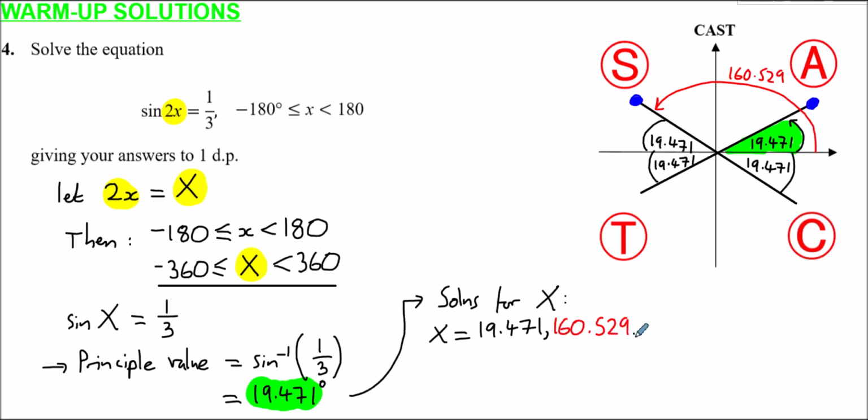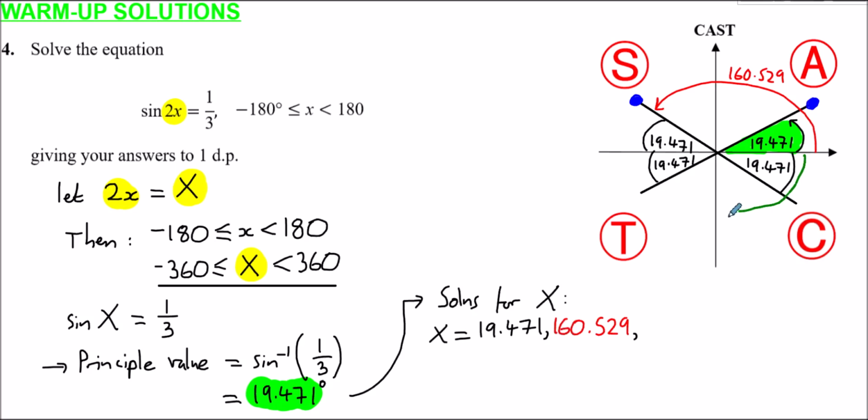We could also, though, go the other way around. So one thing we've not considered yet is there's different ways of getting to S and A. So we could also go round in the negative direction, clockwise. So another alternative we could do is to go here.